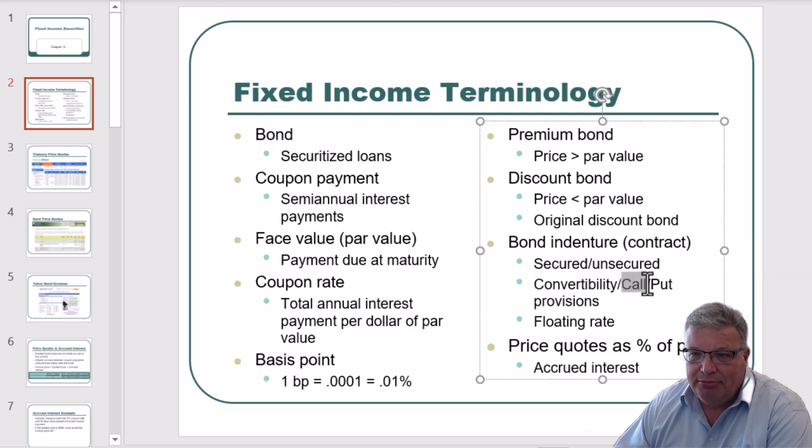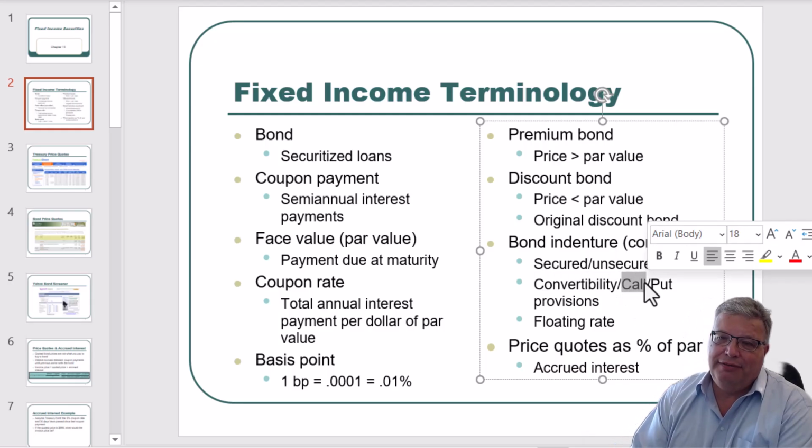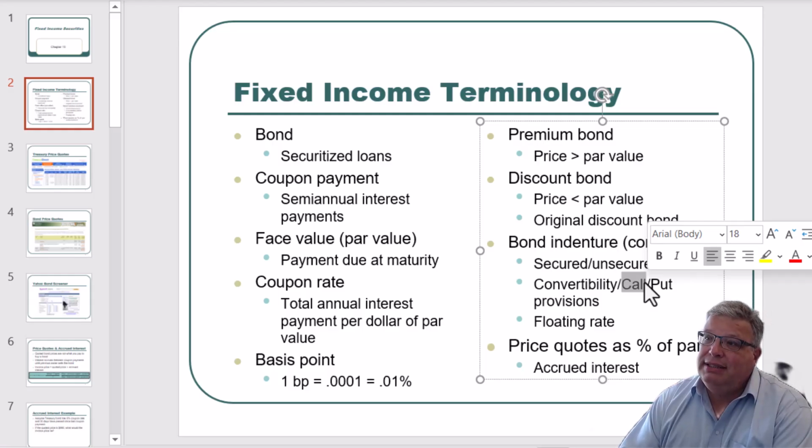You could have callable debt, and they have this call feature, and that's basically where it gives the issuing company the right to call up the people who bought the bonds and say, I'm buying back my bonds now, before the bonds mature.